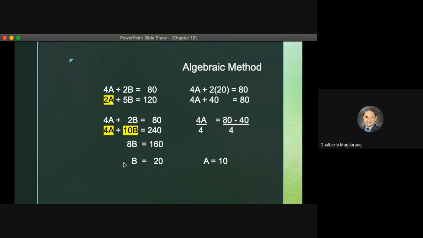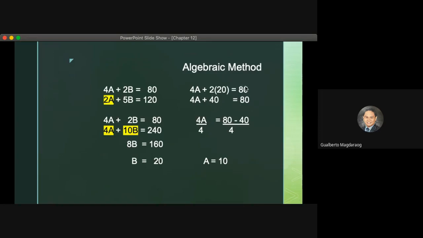We can now solve for the value of A by replacing the variable B with 20 using any term. So let us use the first term, that is 4A plus 2 times 20 is equal to 80. Combining similar terms, 40 and 80 have no variables.